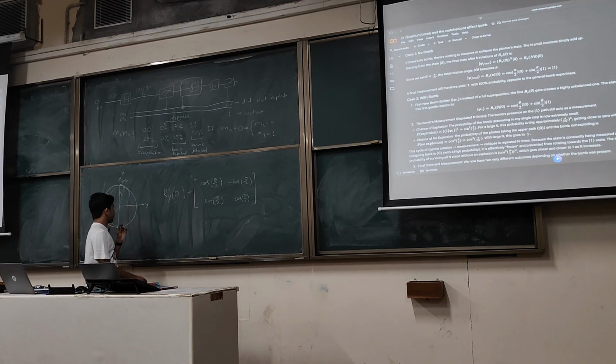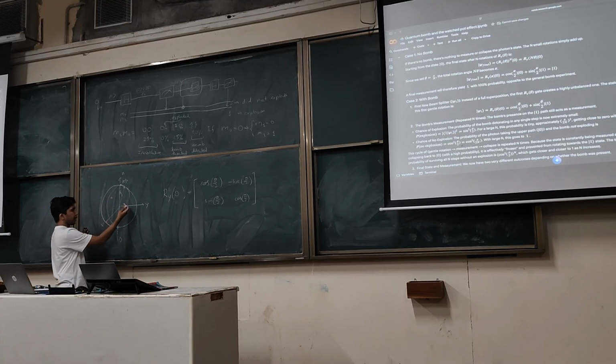So what this does is, for any qubit on the Bloch sphere, it rotates it about the y-axis by an angle theta.